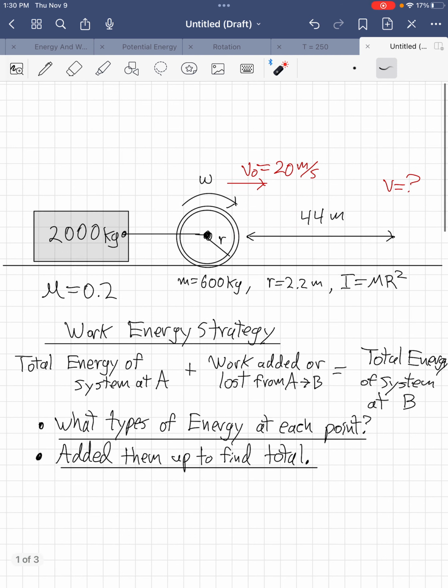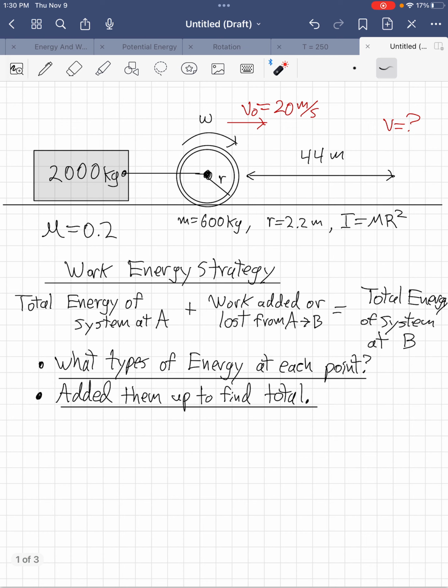All right, so for pretty much all work and energy systems, we can use the same strategy, based on conservation of energy, right? So energy is always conserved. It's like saying the energy at the beginning plus any energy added will equal the energy at the end, or the energy at the beginning minus any energy lost will equal the energy at the end.